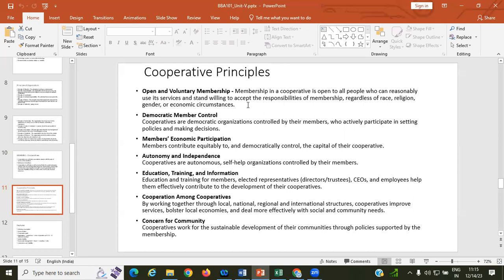Members' economic participation. Members contribute equally to, and democratically control, the capital of their cooperative. That means you are not getting money from anyone else. Only if you are a member, you are contributing your own money to the society. So you are observing the return of that money, what you are giving, how much is being spent, what is happening.